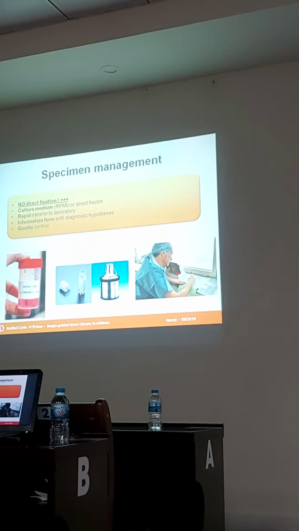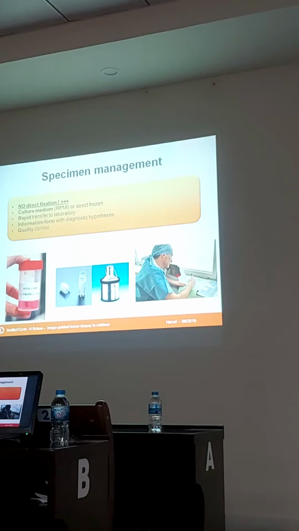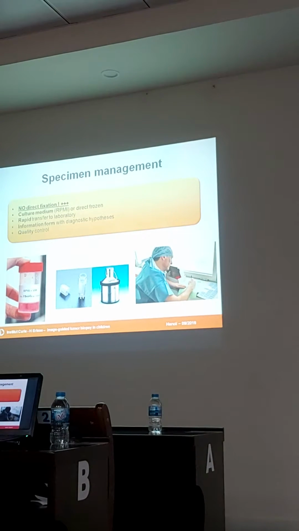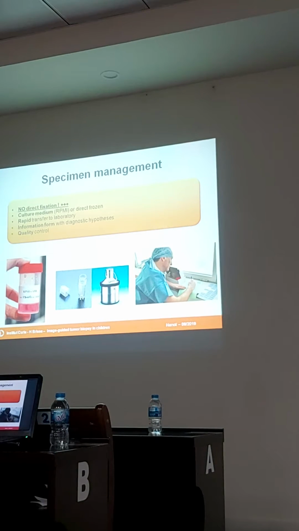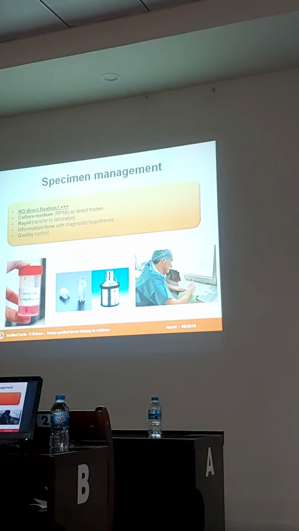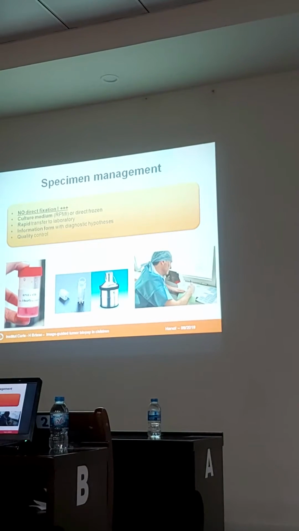And the second point that is really, really important is to keep always fresh tissue. Why? Because when we study pediatric tumors, which are very rare tumors, a lot of them are associated with genetical abnormalities.